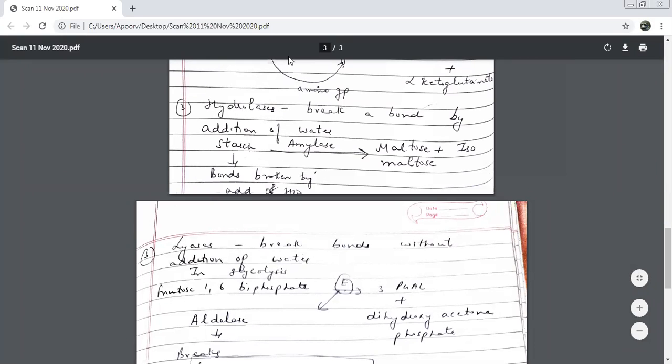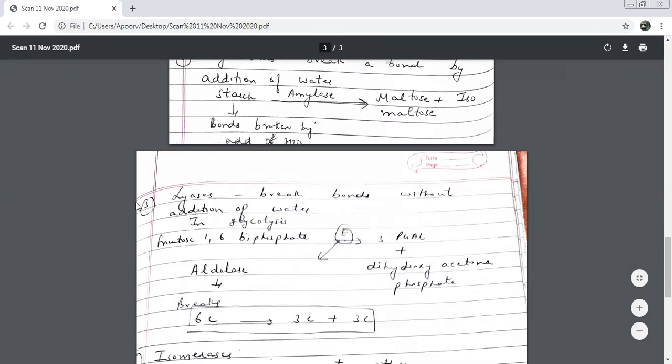So the lysis happens when there is water, and such enzymes will be known as hydrolases. But if bonds break without water, then there is no need to add the word hydro. Simply say lyases. So lyases are those categories which will break bonds without the addition of water.